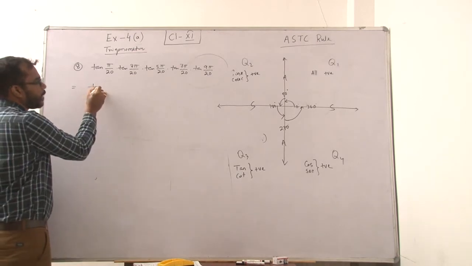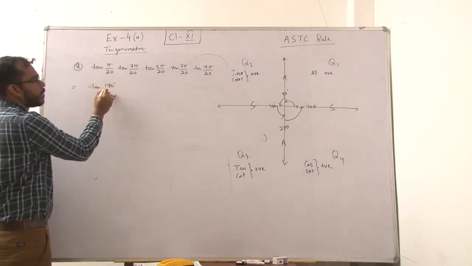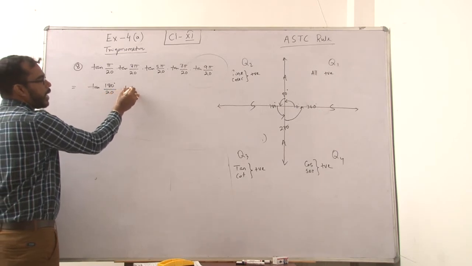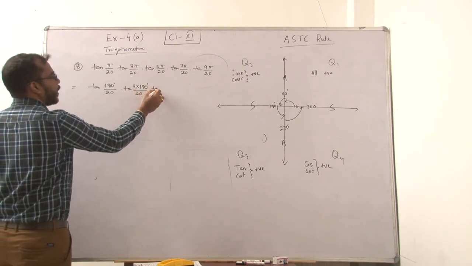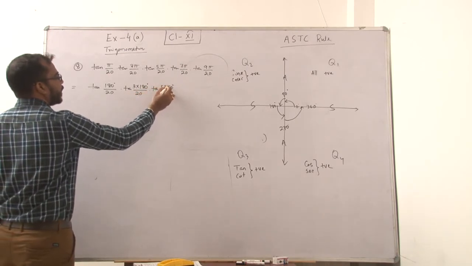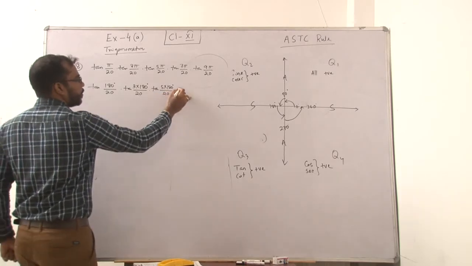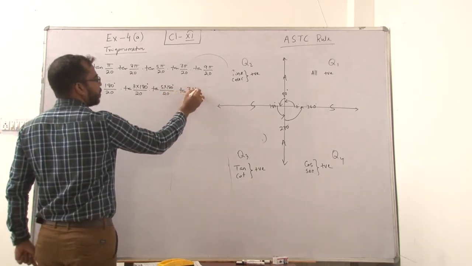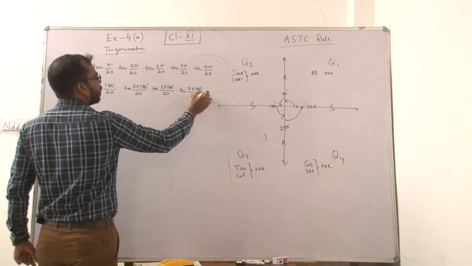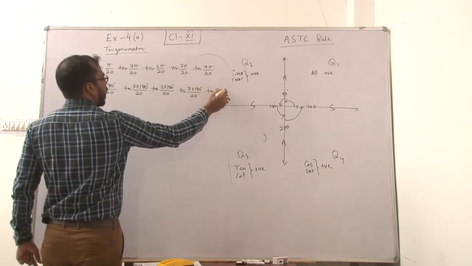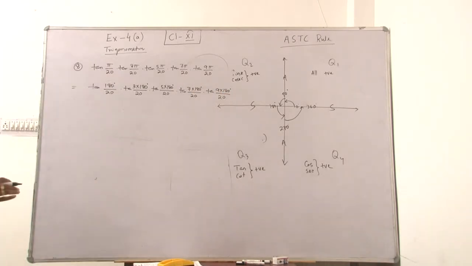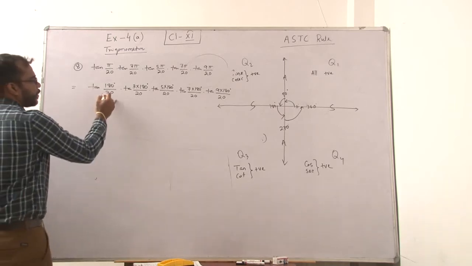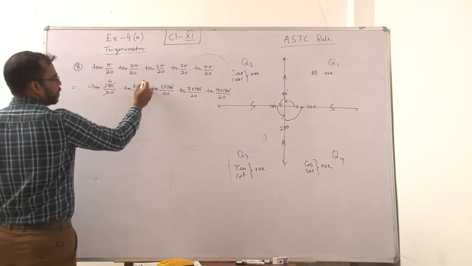So you can put the value of pi: 180 degree by 20 into tan 3 into 180 degree by 20 into tan 5 into 180 degree by 20 into tan 7 into 180 degree by 20 into tan 9 into 180 degree by 20. So first we have to put the value of pi. Next we have to cancel them.